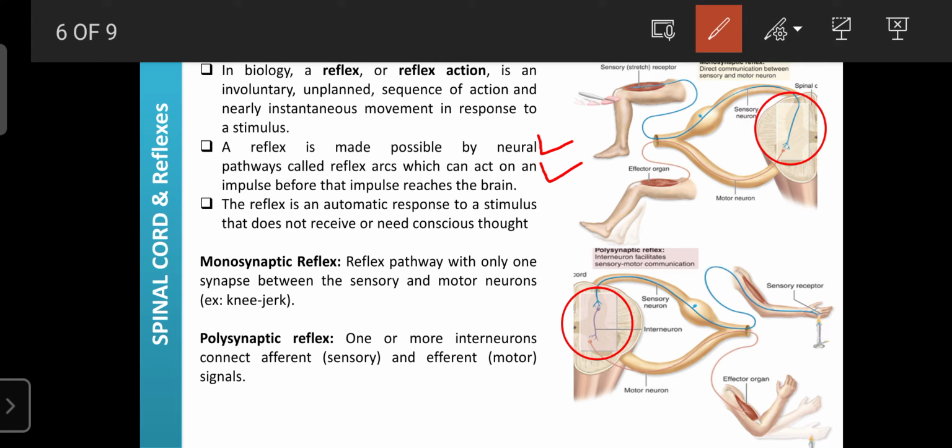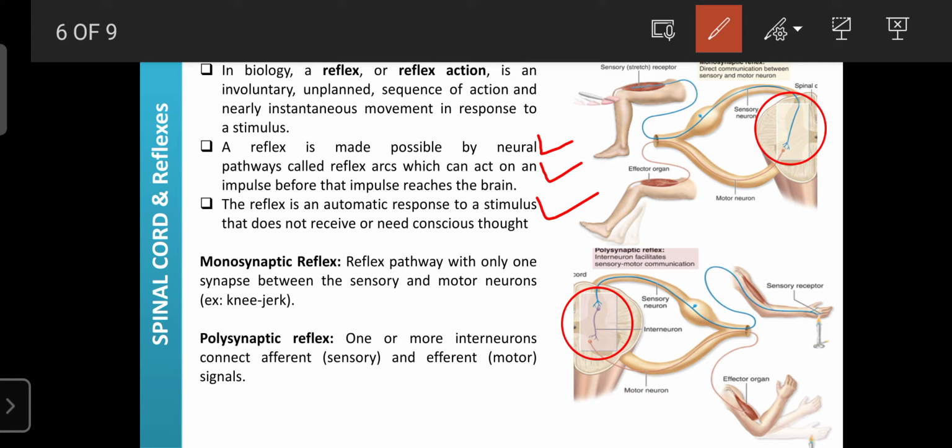That pathway is known as the reflex arc, and the reflex is an automatic response to a stimulus. It does not need conscious thought. Without the knowledge of the brain, certain reflexes occur. That is one of the features of reflex actions.